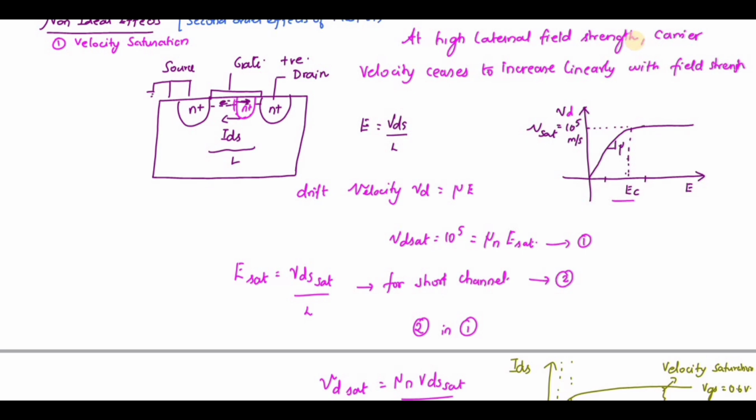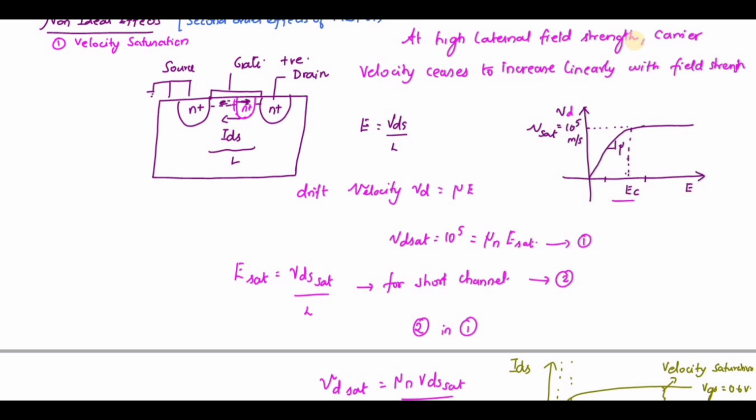So you can see, due to the velocity saturation. What does velocity saturation mean? If you are in a courtyard and the wind is blowing, and you are trying to go fast, right?